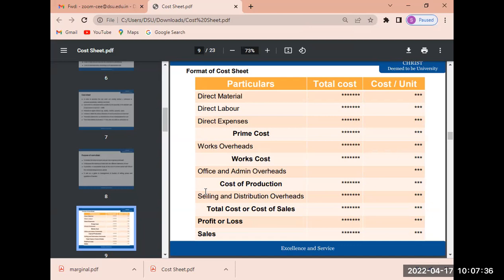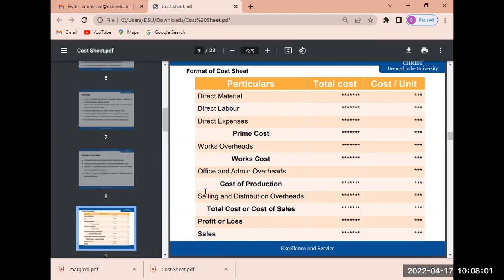Direct labor means converting that particular material into finished goods. For that, if you are employing somebody directly to make one unit of output, 10 rupees is the cost I'm going to give you. If you apply a piece rate system, the 10 rupees is the direct labor cost. Suppose the supervisor is there.